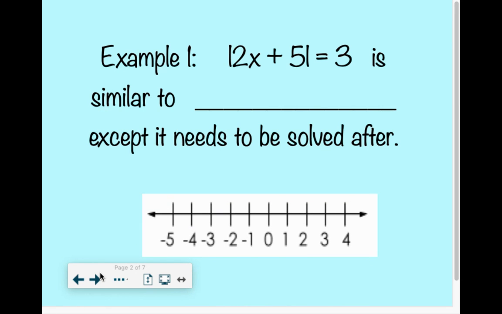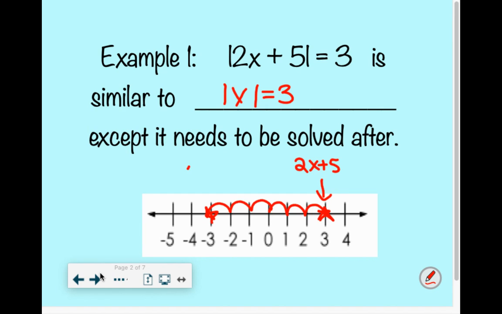It's the same thing. It's very similar, I guess, to saying the absolute value of x equals 3. There's just extra stuff in the middle. So instead of saying x equals 3 and x equals -3 like we did on our last notes, we're going to say from 0, 1, 2, 3, 2x plus 5 equals 3, or 2x plus 5 equals -3.